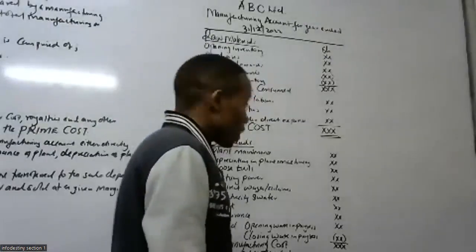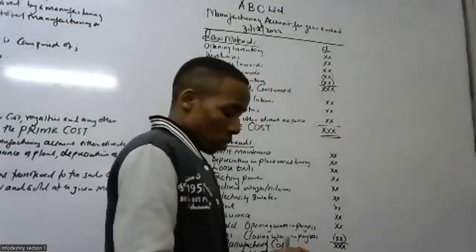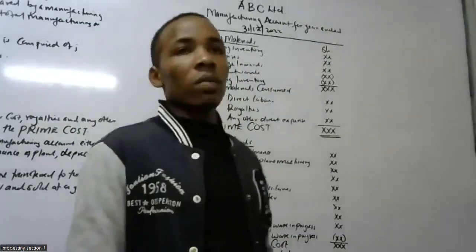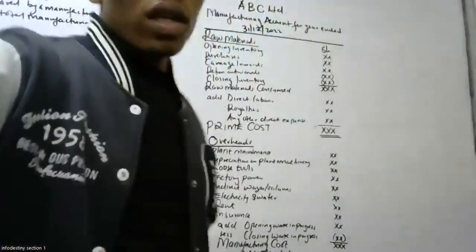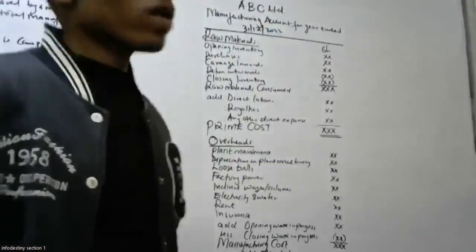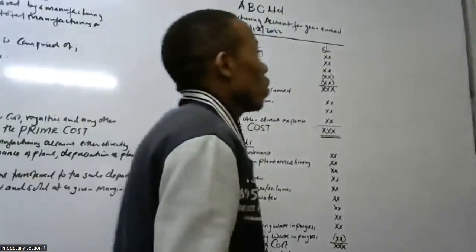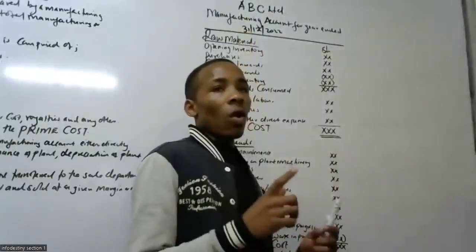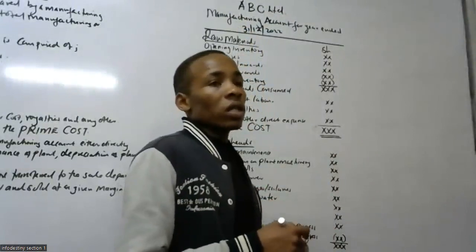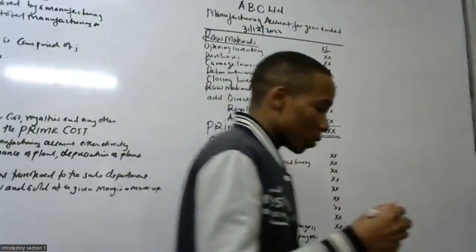So after the manufacturing account, you might be told to prepare the income statement. And the income statement is just the normal one that we prepared before. The only thing which changes is the cost of sales. We use different items.